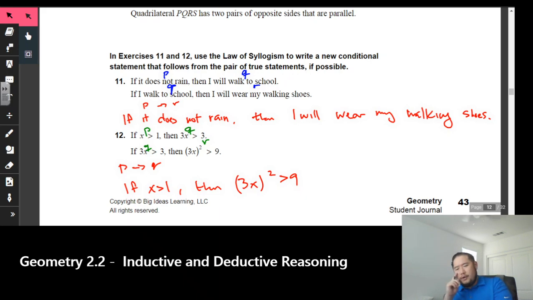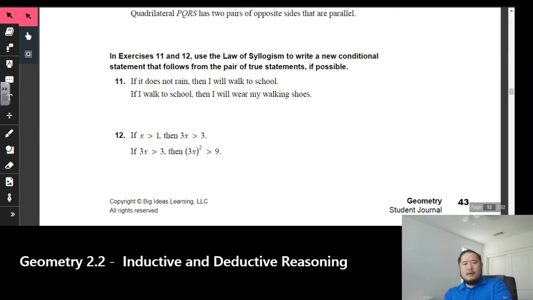Well, hopefully you'll realize that 3x is greater than 3 appears two times. And if it appears two times, that would be your Q statement, even though it wasn't written in that same exact order. So if you see a statement, or part of it, written twice, that would be Q, and you would be using the law of syllogism. All right, so that concludes section 2.2.